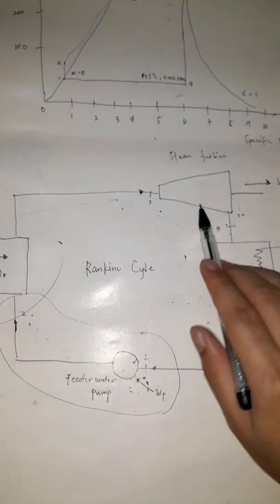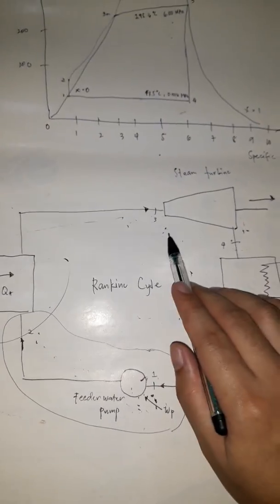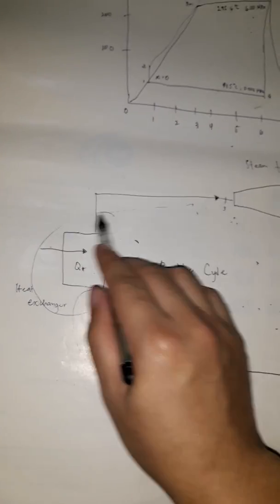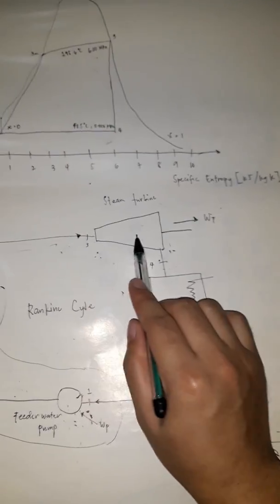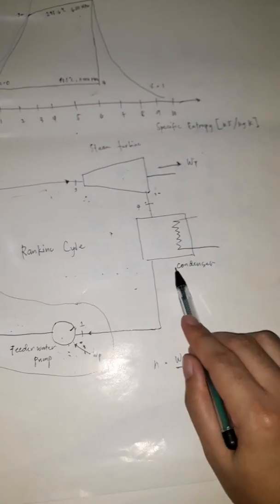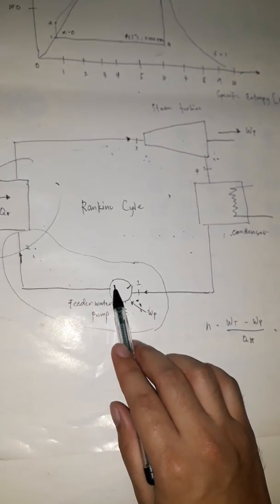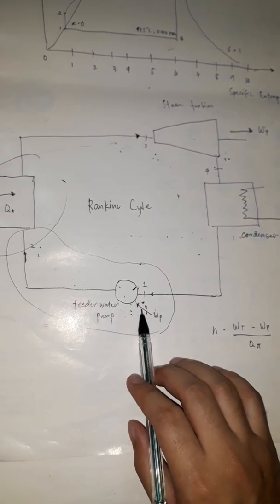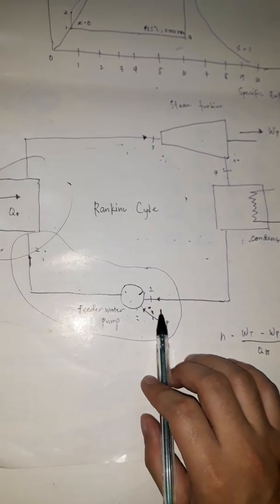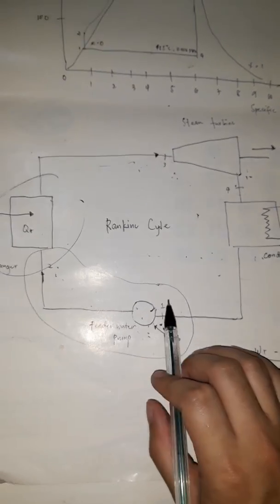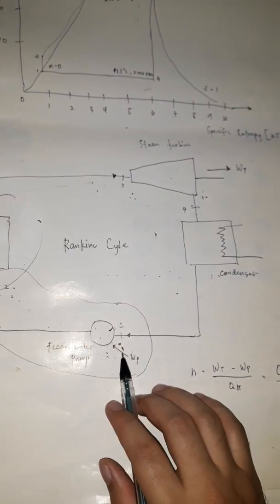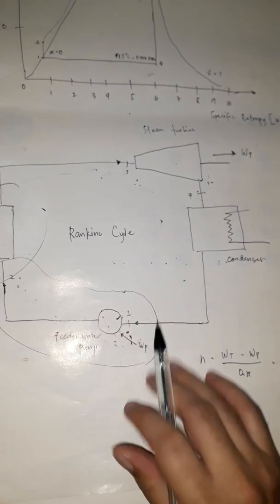In this case, steam turbine, condenser, and the feed water pumps constitute a heat engine that is subject to the efficiency limitation imposed by the second law of thermodynamics.